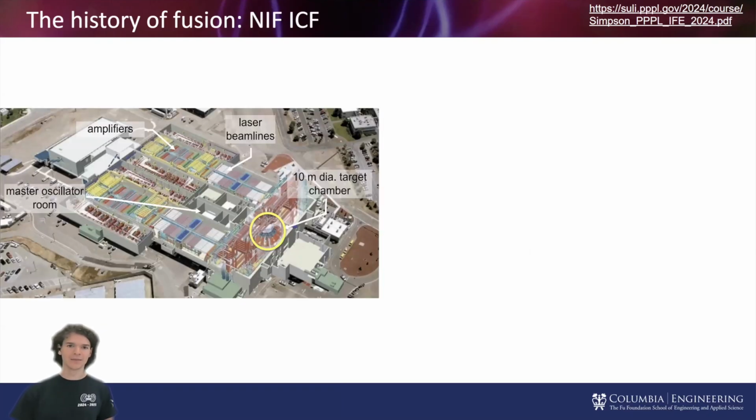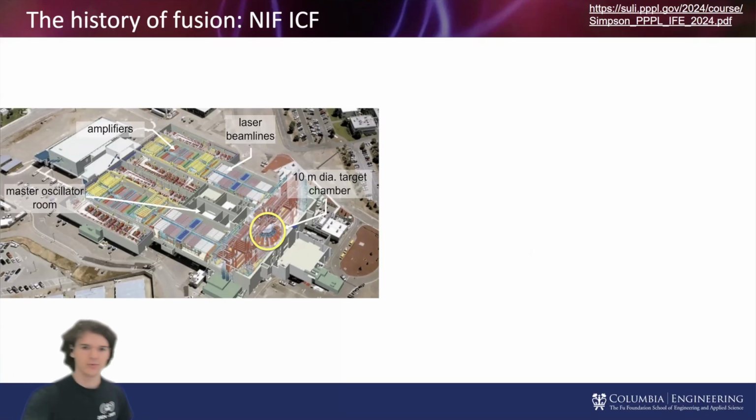In order to do NIF's ICF, their inertial confinement fusion, and shoot these lasers at a deuterium and tritium pellet, you needed a facility that was this large, as you can see on the screen.